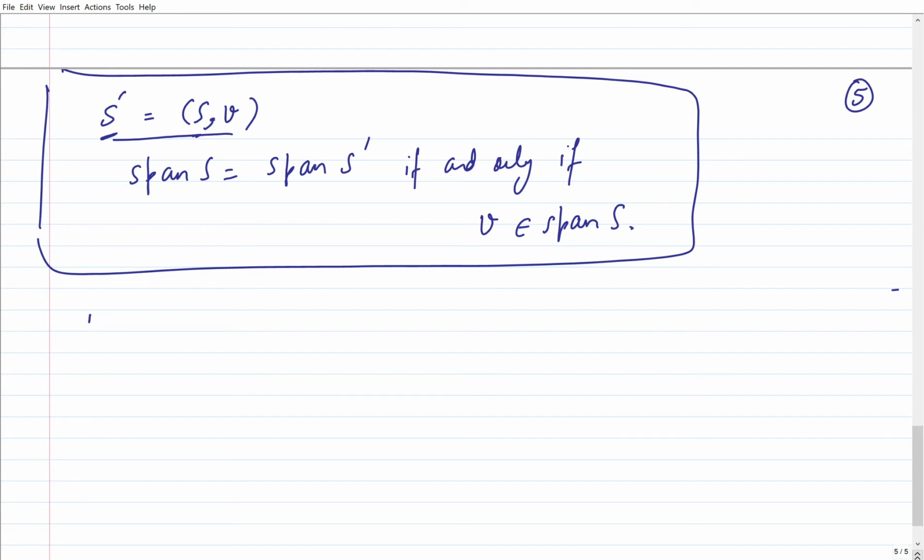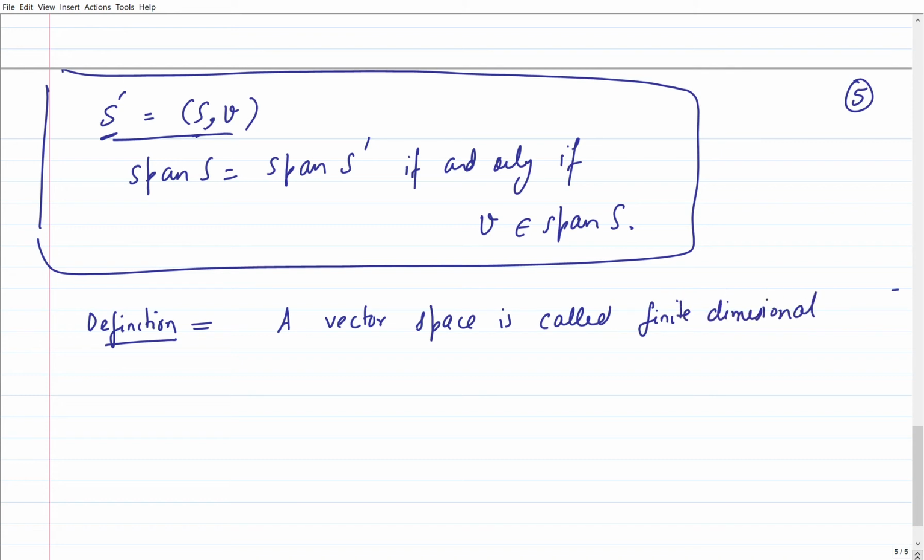So, with that, I come to a definition. A vector space is called finite dimensional if there is a finite set S that spans V. So this is my definition.